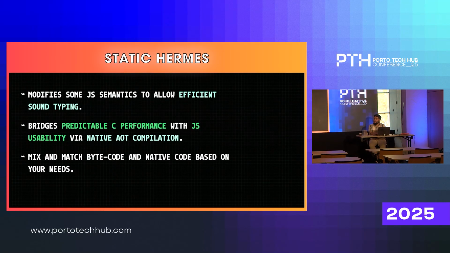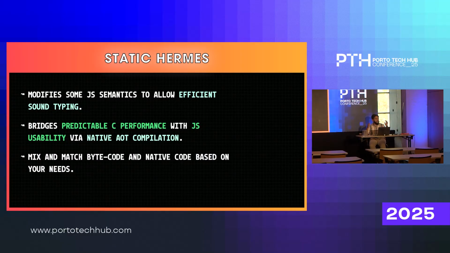But there's something very brilliant called Static Hermes, the next iteration of the Hermes runtime. The idea is that it modifies JavaScript semantics to allow efficient sound typing. The whole concept of type soundness in compiler design would be another 1-hour talk.